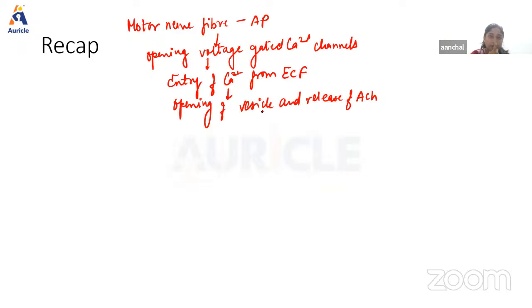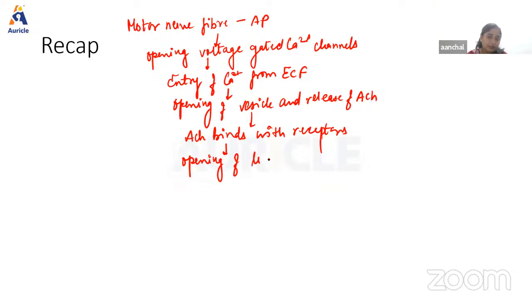Okay, now what will happen? This acetylcholine binds with receptors, and which receptors are present? These are nicotinic receptors. As they bind, there will be opening of ligand gated sodium channels. As the ligand gated sodium channels open, now what will happen?